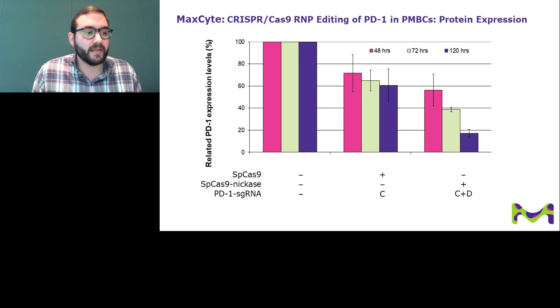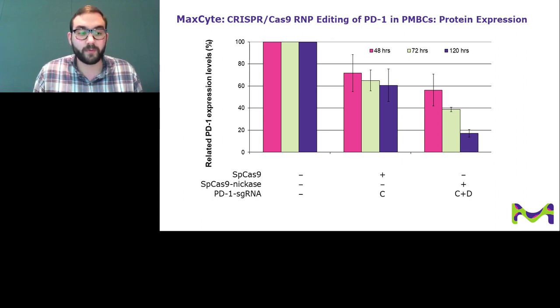What you can see here is that at all time intervals, there is a greater phenotypic knockout of PD-1 in PBMCs using the Nickase system than using SP-Cas9 alone, even though the genotypic indel percentage was comparable between the 2 conditions.